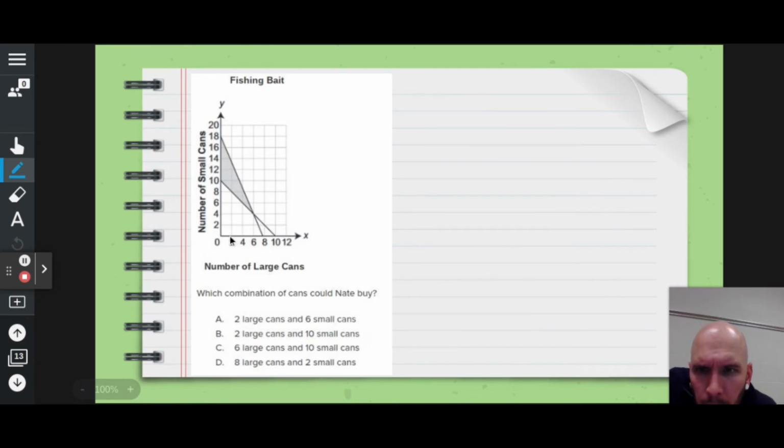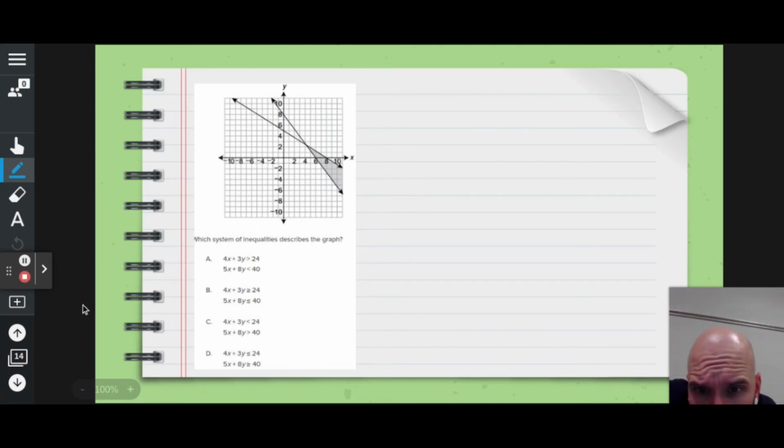So 2 large, 6 small, that won't do it. 2 large, 10 small, that will do it. Are there more than one answer? 6 large, 10 small, no, that won't do it. 8 large, I'm not even going to try. So it's B. That wasn't so bad.